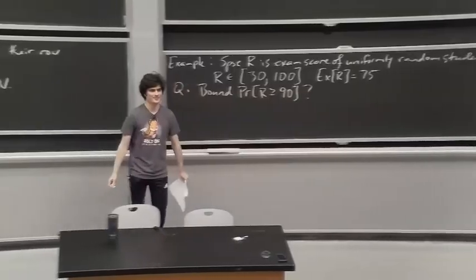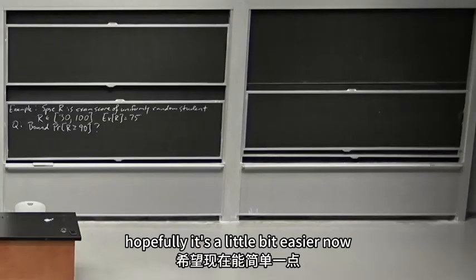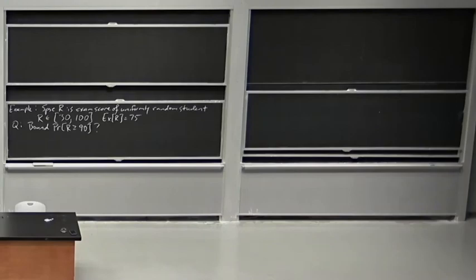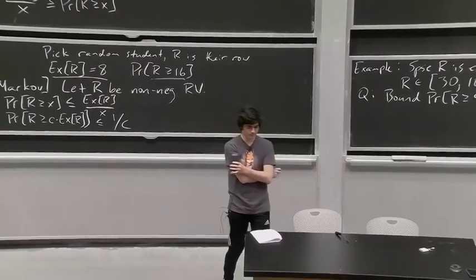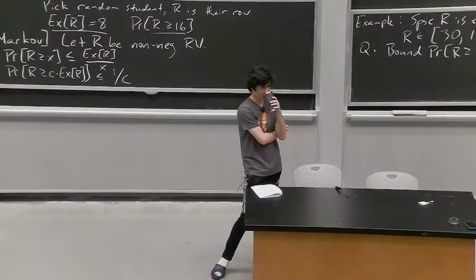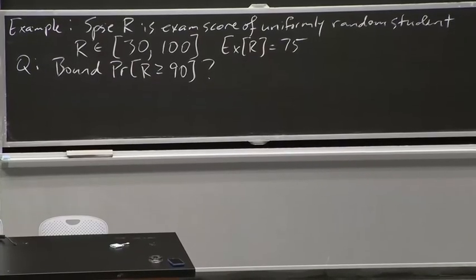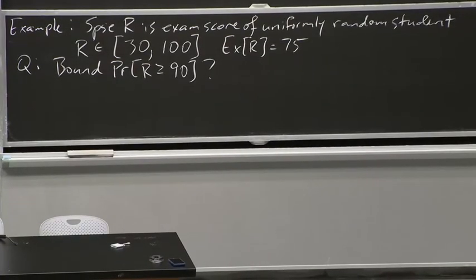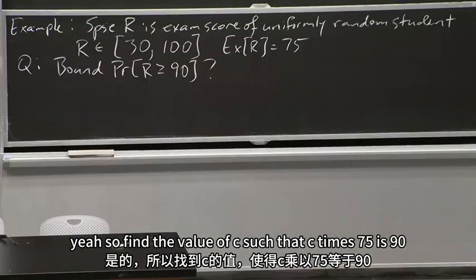Okay. Now can you do it? Hopefully it's a little bit easier now. Yeah, so find the value of c such that c times 75 is 90.